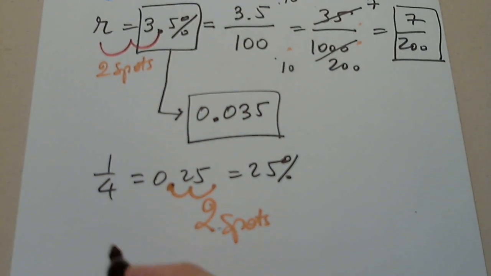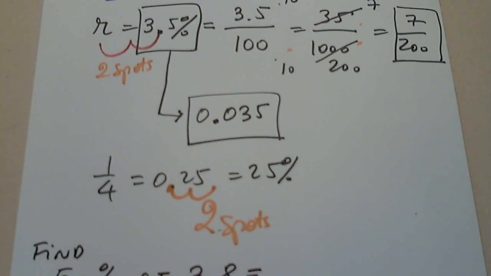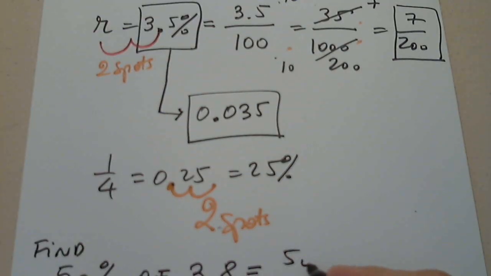What if I'm asked to find 50% of 3.8? We cannot multiply by 50%. We will have to change this into a fraction, like 50 over 100. Of means multiplication, and 3.8.